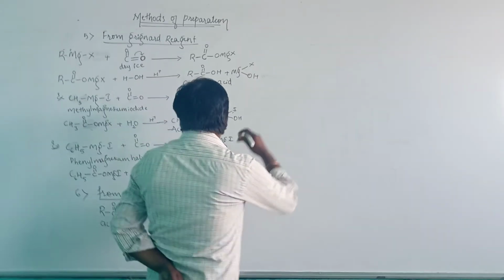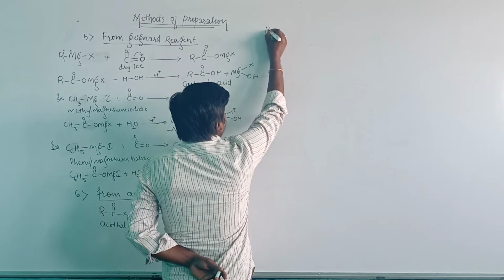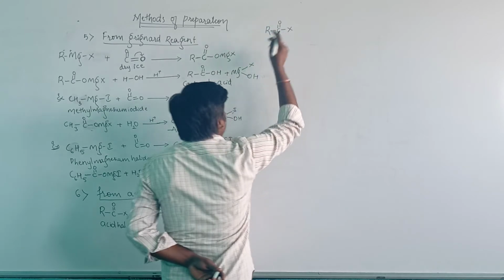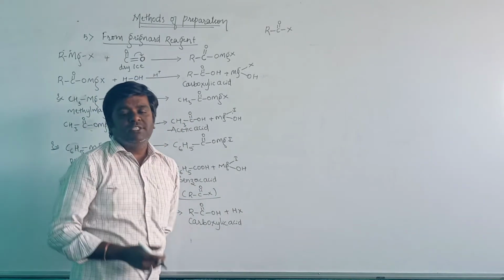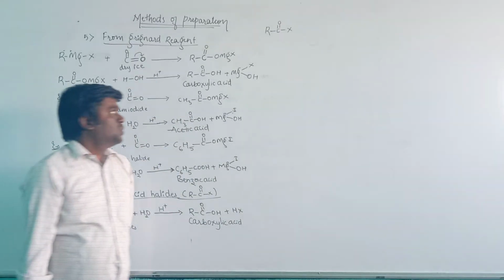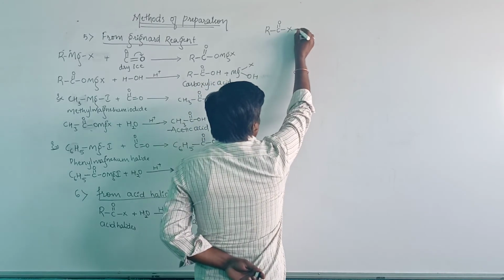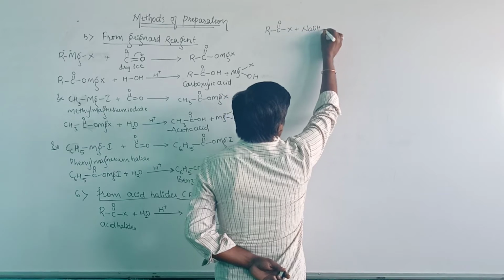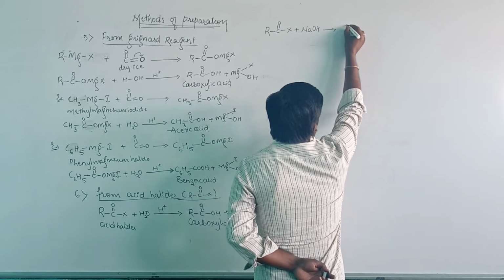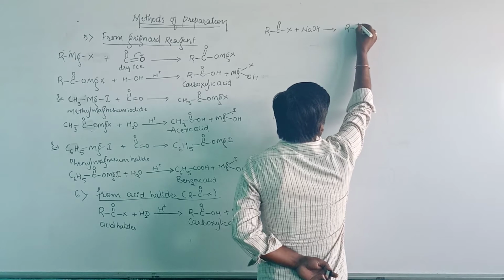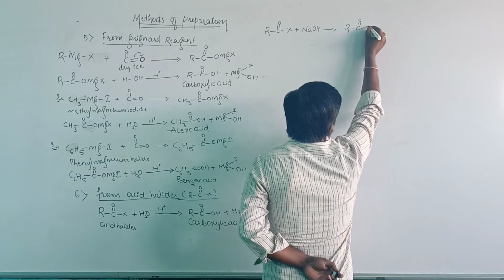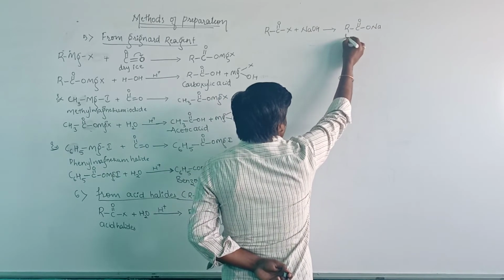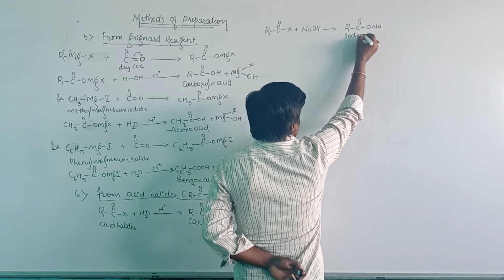Let us see another case: when these acid halides react with a solution of base, it may be potassium hydroxide or sodium hydroxide, they give the potassium or sodium salt of carboxylic acid. This is the sodium salt of carboxylic acid.